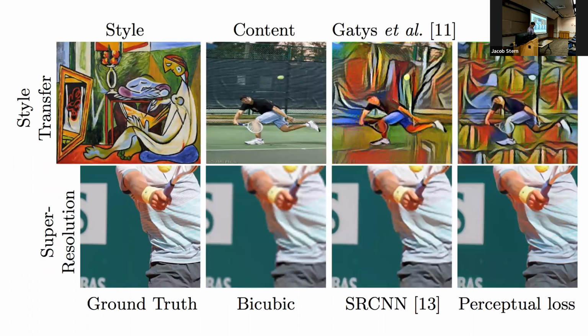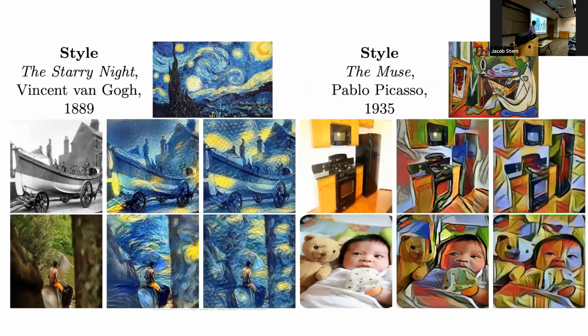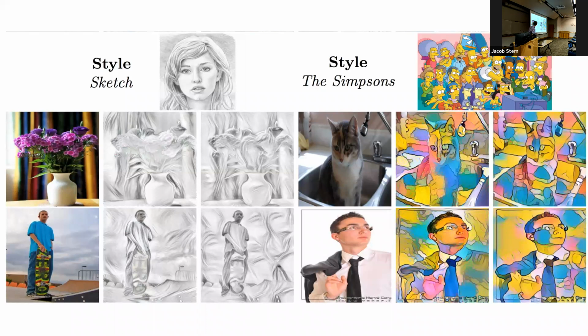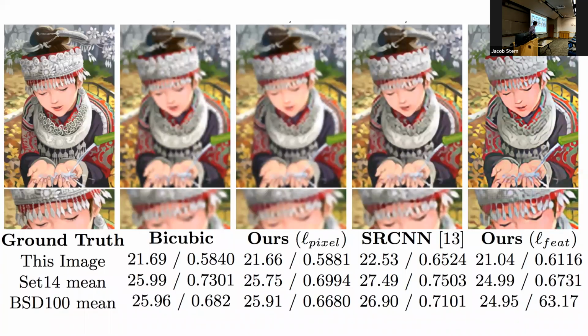Those are just some of the training details, and the result is basically equivalent in quality to the original Gatys paper that we're based on, but does it much faster, fast enough for real-time style transfer on video. And these are just a couple more examples. And that is where we will end for today.